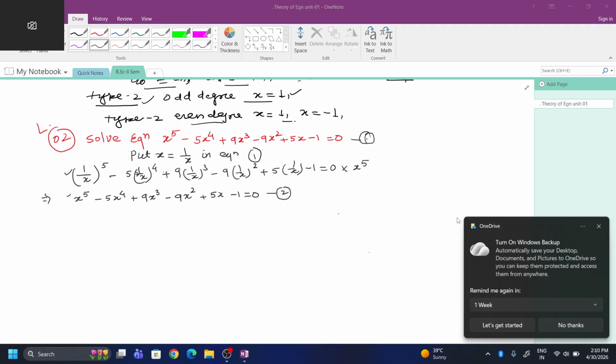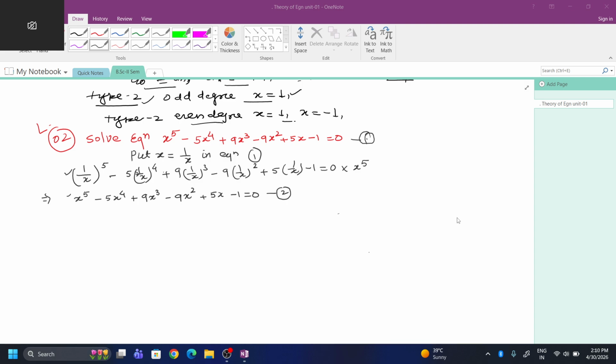Now, you observe that equation 1 and equation 2 are the same. That is, there is no change after putting x equal to 1 by x.